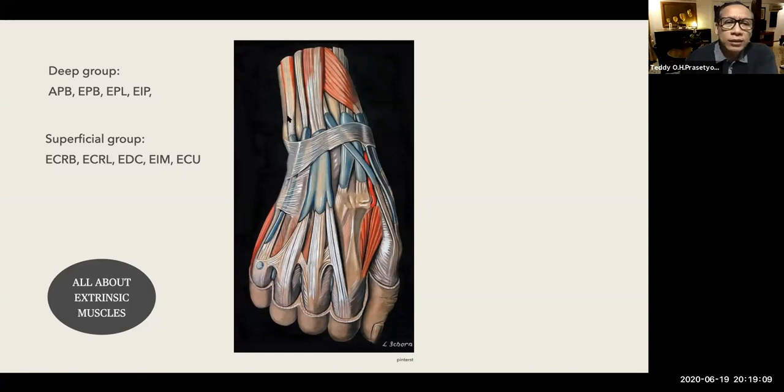They are all in the superficial system. This comes deeper, all right? You get it? So this is the extensor pollicis longus, and this one is the extensor pollicis brevis, and that one is the abductor pollicis brevis, this one. All right? Okay.